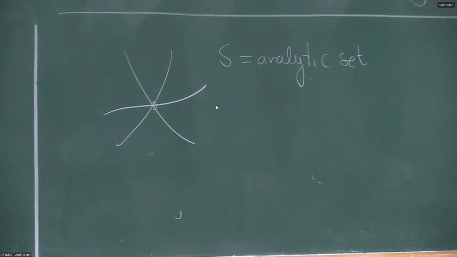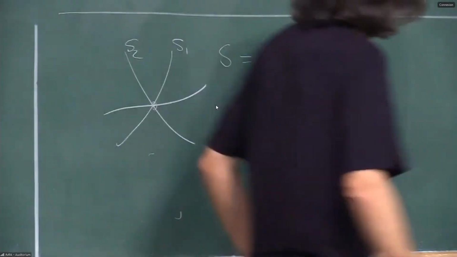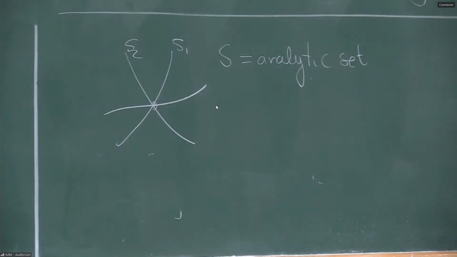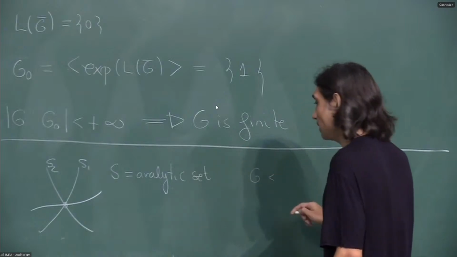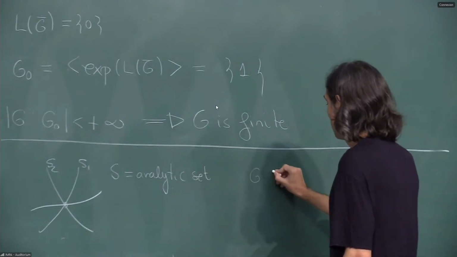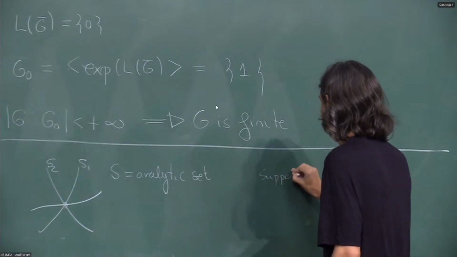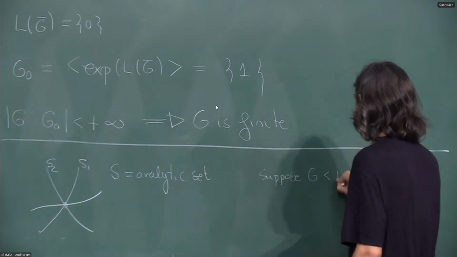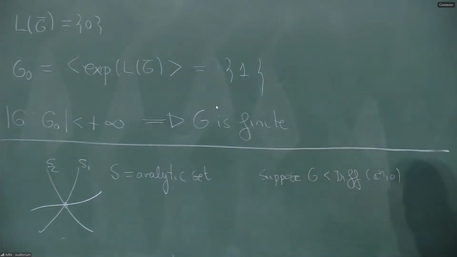This would be the components of the analytic set. And something that you can do in here is consider a group, suppose G is a group of formal diffeomorphisms that preserve S.